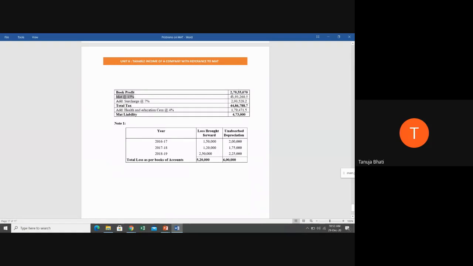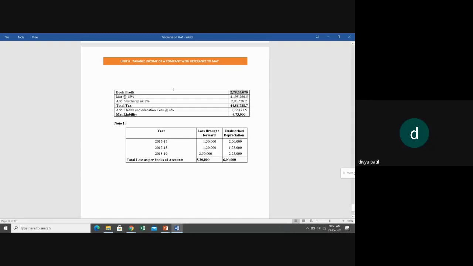So 15% of 2,79,55,070 comes to 41,93,260. Now tell me, students, will surcharge be applicable in this particular case? Yes, since the income is more than 1 crore. When your income is more than 1 crore but less than 10 crores, what is the percentage of surcharge applicable?